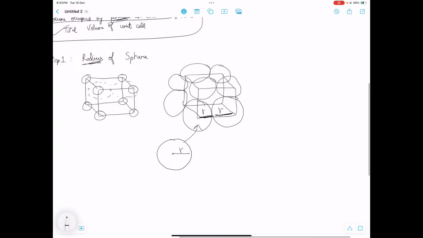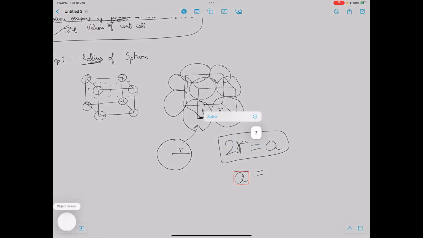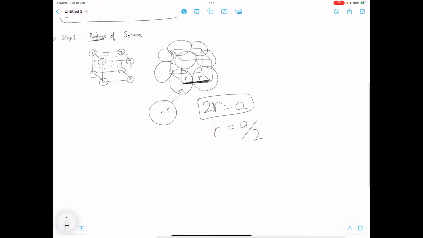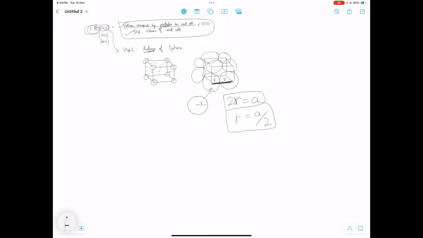So the two radiuses make one side of the cube. We can also consider the side of the cube as a. Therefore we get the equation 2r is equal to a, or r is equal to a by 2. We get this relation for SCC.